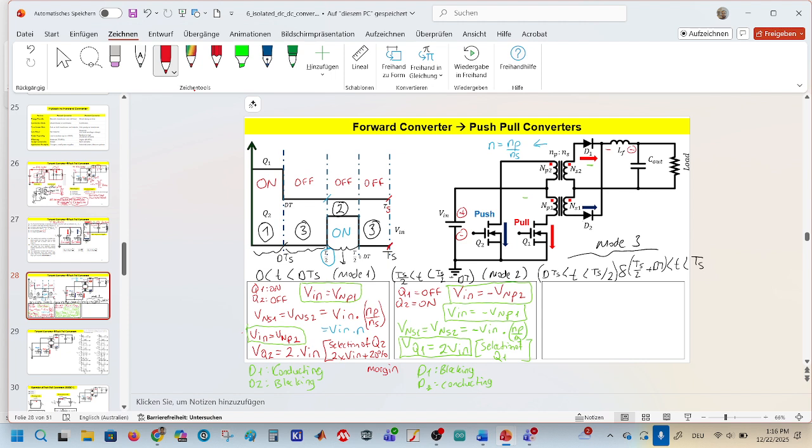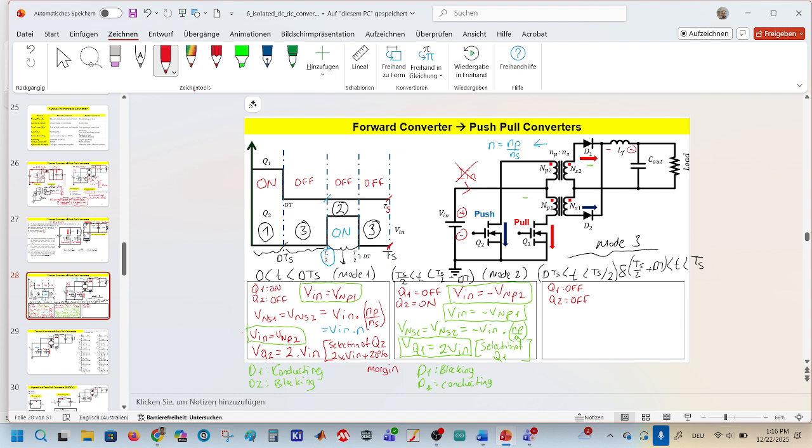Mode 3 is where both switches are off. That means the input current is interrupted. There is no flow of input current.